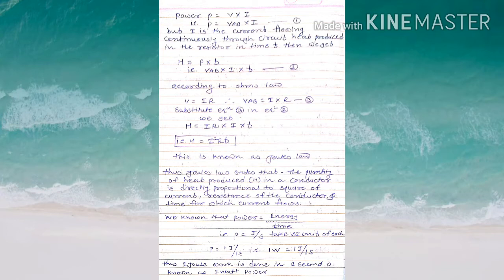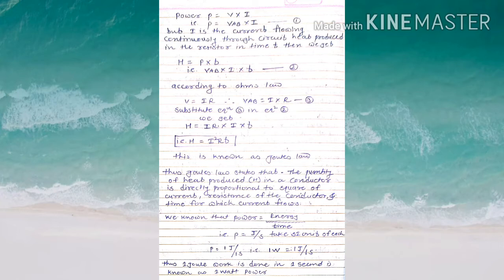Heat produced in the resistor in time t, then we get H is equal to P into t, that is VAB into I into t, gives equation number 2. According to Ohm's law, V is equal to IR. Therefore VAB is equal to I into R, gives equation number 3.